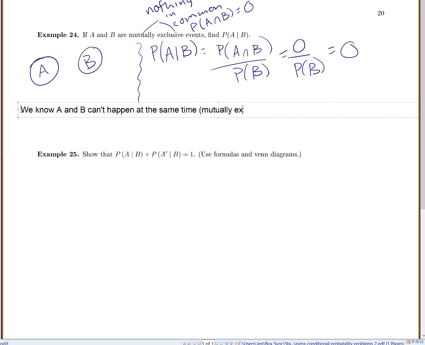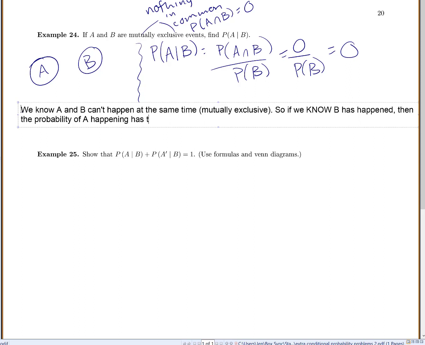So if we know B has happened, or is going to happen, or will happen, don't get caught up here in your past, present, and future. If we know that B's happened, then the probability of A happening has to be 0. Because again, we've said A and B cannot happen at the same time. So if we already know B's happened, then the chance of A happening is 0 because they can't happen together.